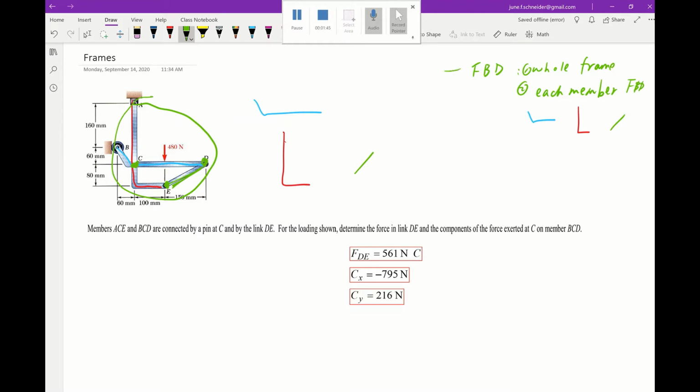Then another thing we need to be aware of and use for frames is to recognize the two force member. We talked about before, a two force member is when you have a member, regardless of what shape it is. For example, I have an L shape here, and as long as there are only forces applied at two different locations, for example, A and B here, then that is a two force member.